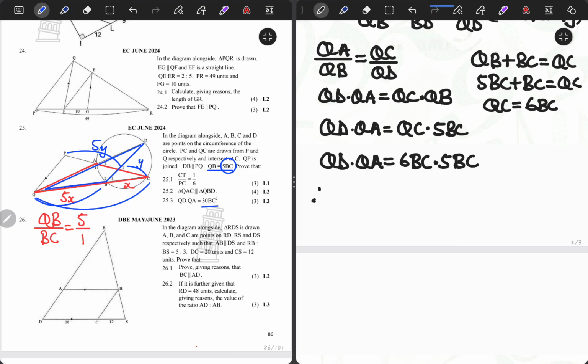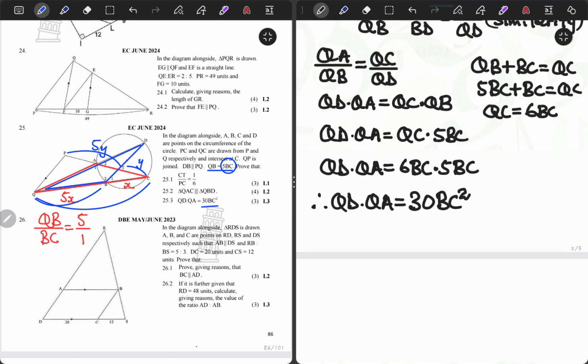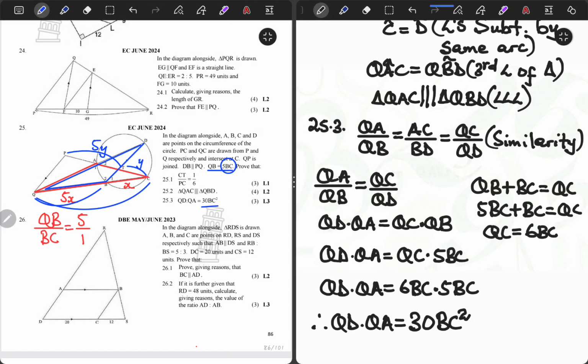Then at last, QD multiplied by QA will surely be 30 BC squared. And that's that.